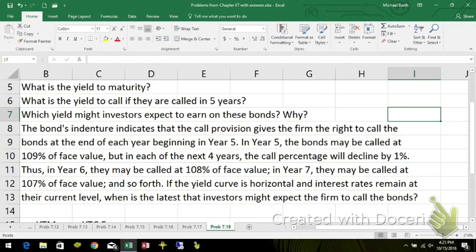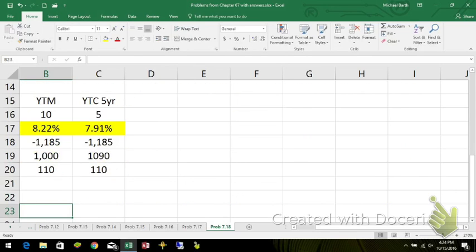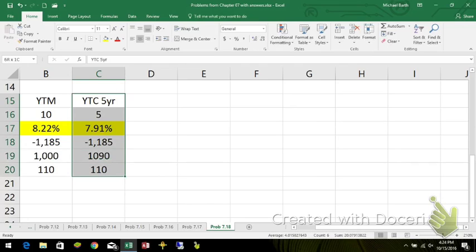Okay, so they can call the bonds at year 5 at 109%. They could call in year 6 at 108. In year 7, they can call at 107, and so forth. Okay, so the call premium declines each year.